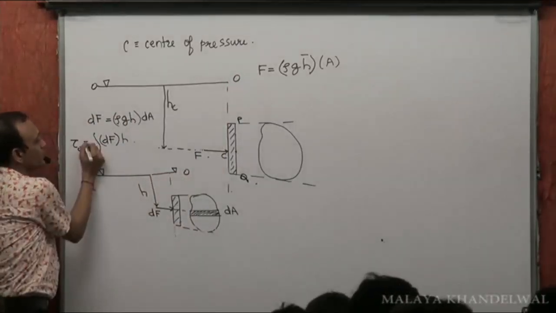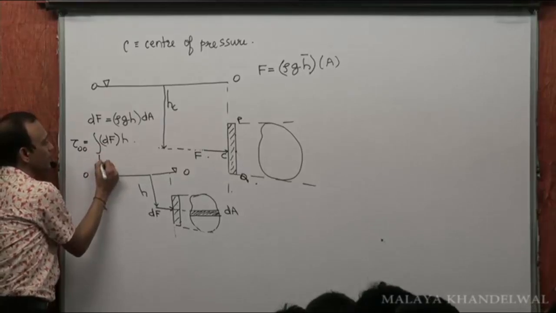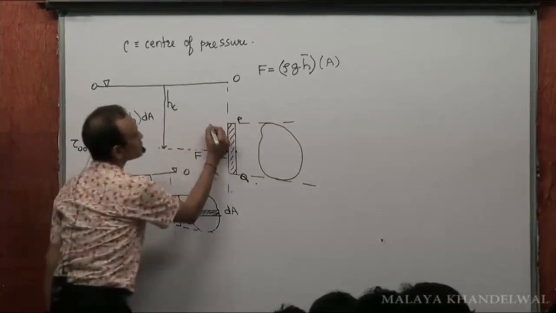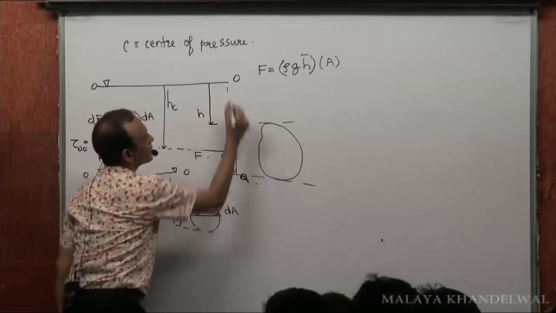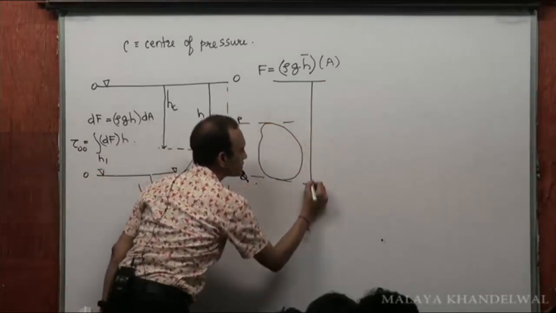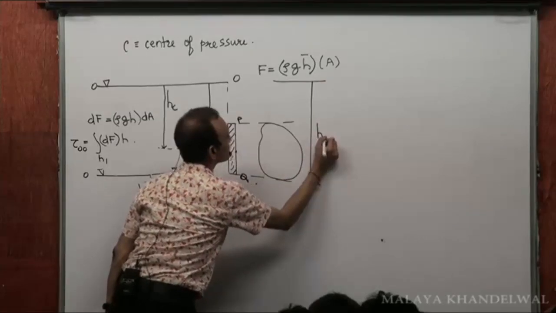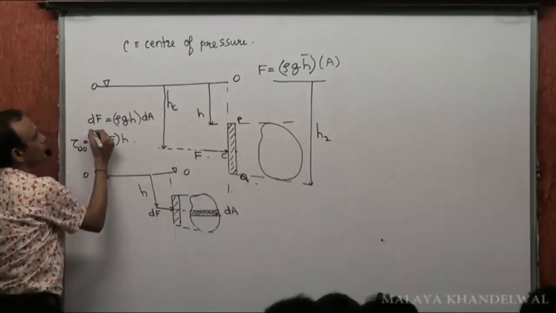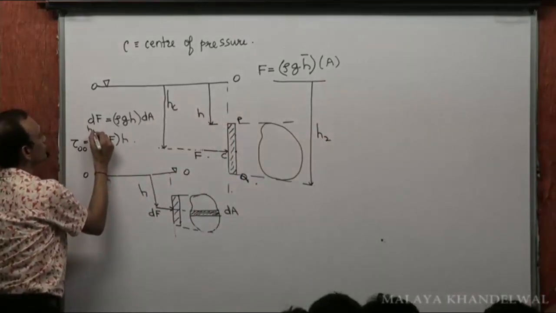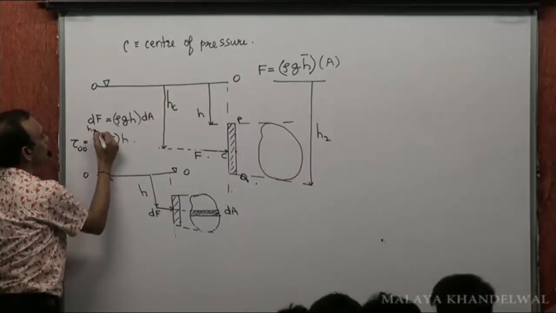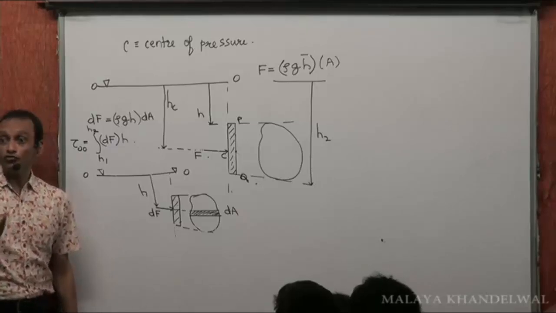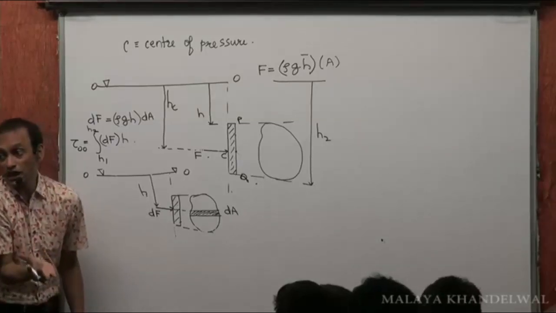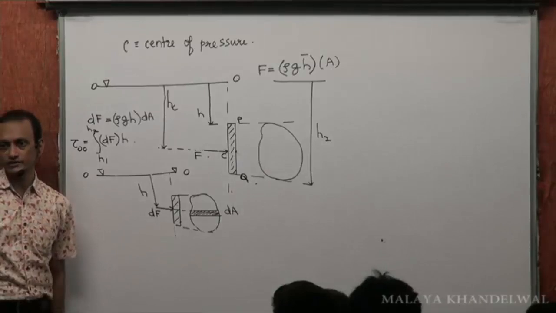This is the total moment where h runs from h1 to h2. Say this was my h1 like before, and this lower end was at a depth h2 from the free surface. h runs from h1 to h2. Yes or no? That's the total moment of the force because of hydrostatic pressure about the free surface.